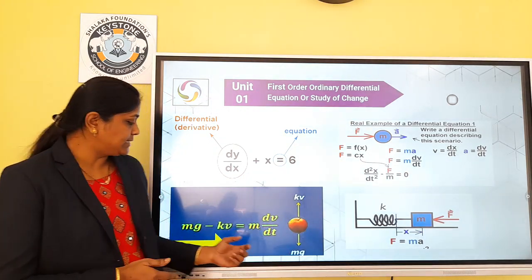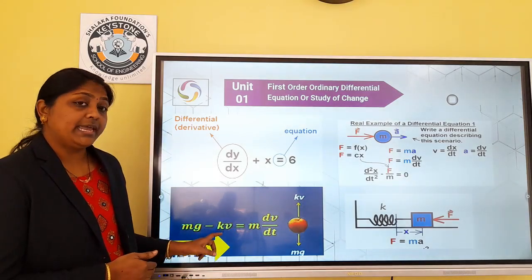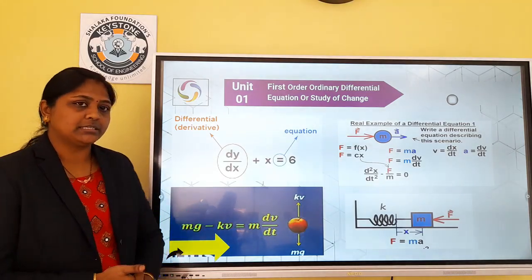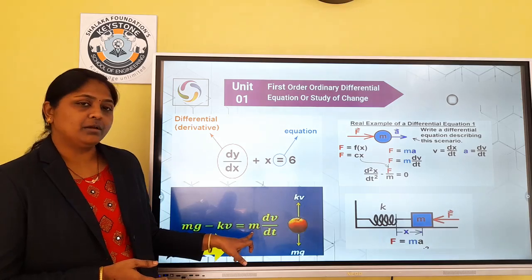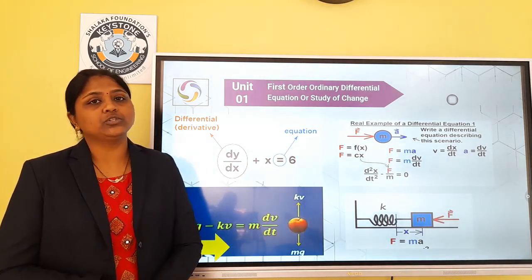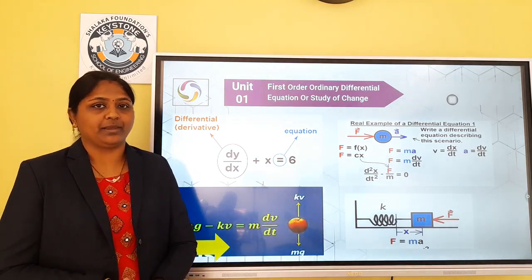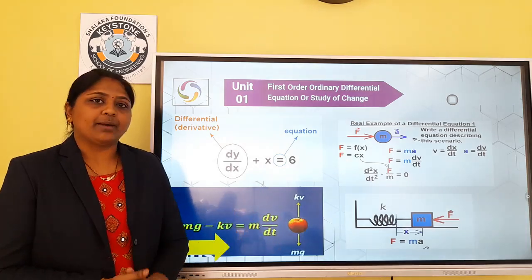Force is equal to mg, that is the gravitational force, and the air resistance. Why this negative sign? Because of the resistance. So the total force is nothing but the mass into acceleration. And what is the acceleration? That is the change of velocity with respect to time. So this is the mathematical model of the falling of this apple.